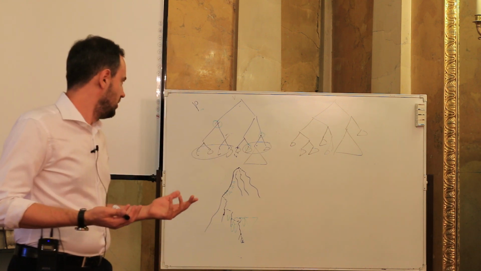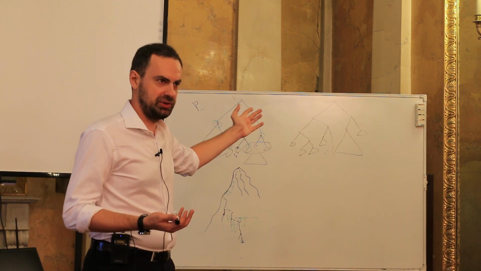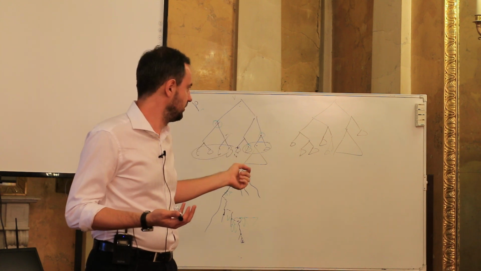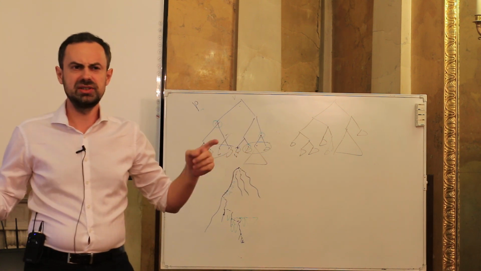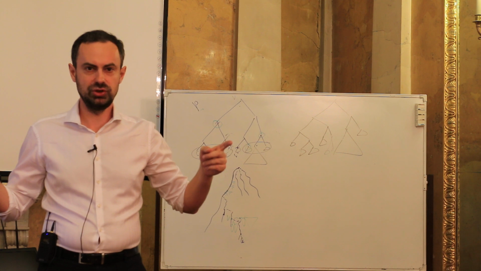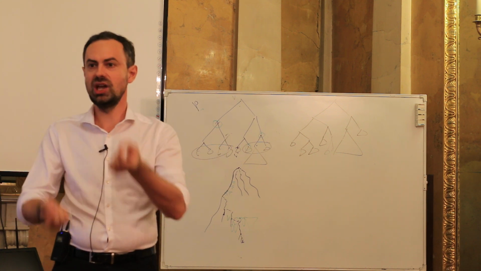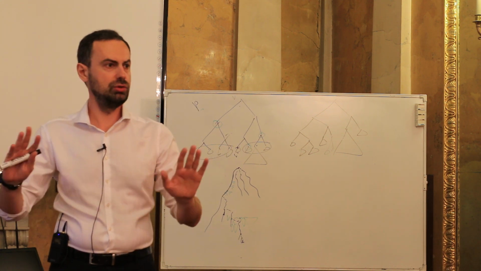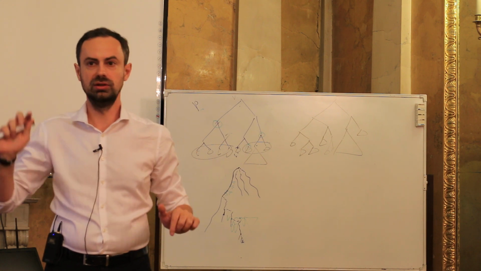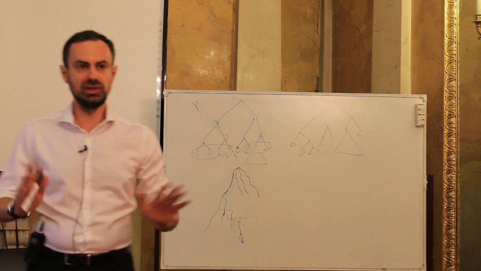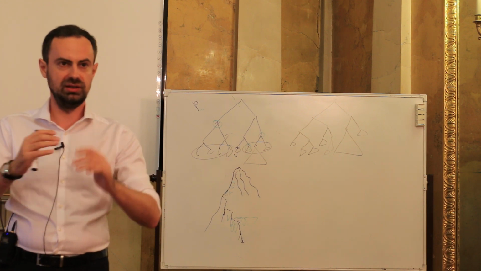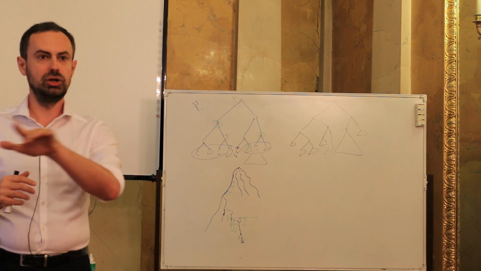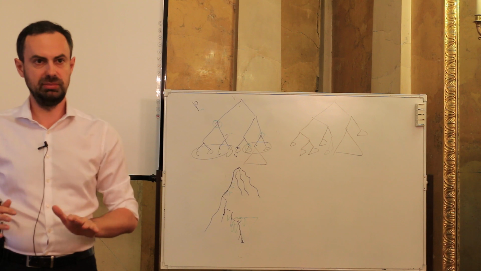So again, here the order is important, but if you forget about the order, there is something called Kraft's inequality. If you give it any input, it tells you exactly which shapes can be achieved. Yeah, have you seen something like that? Who has? Okay, so some people have. So there is something that tells you exactly which shapes can be constructed when you don't care about the order of the leaves, and it's a simple inequality.